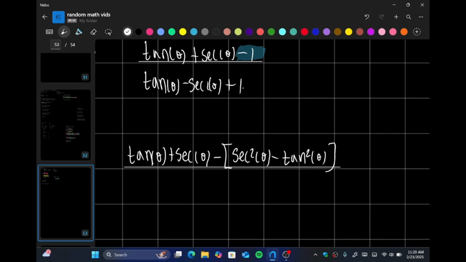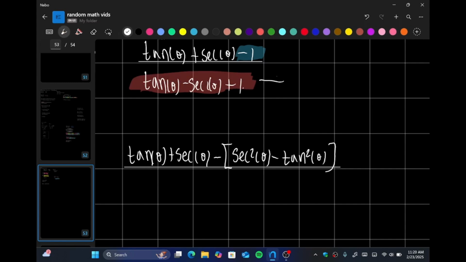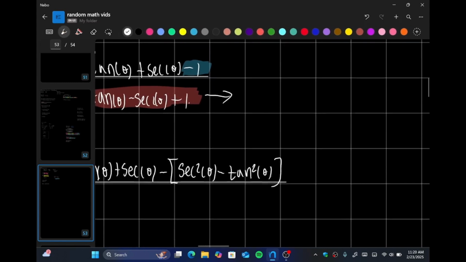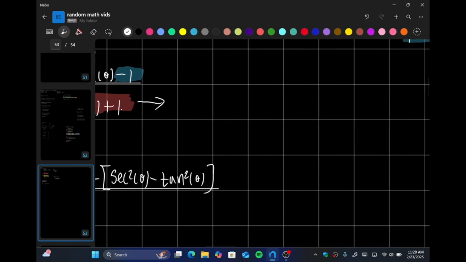There's a reason for this. I'm gonna rewrite the bottom as the following. Let me use a different color, this part here will turn into 1 minus secant theta plus tan theta. There's a reason for this, guys.